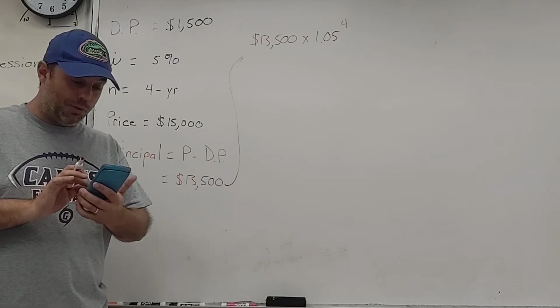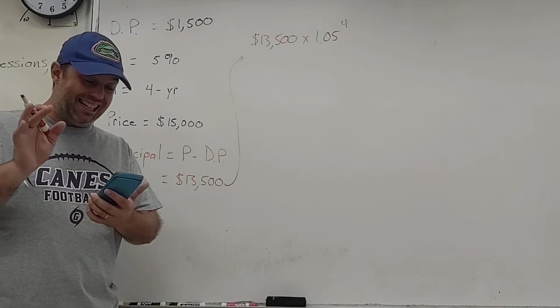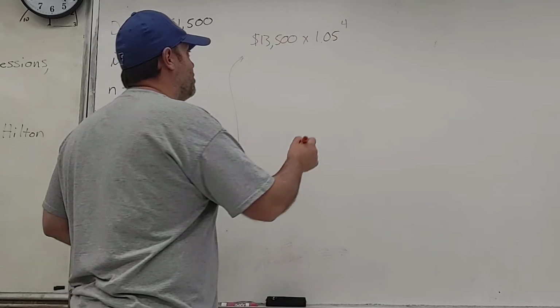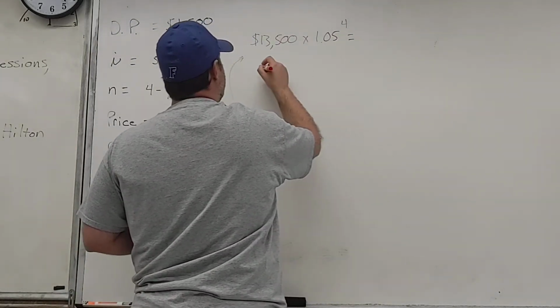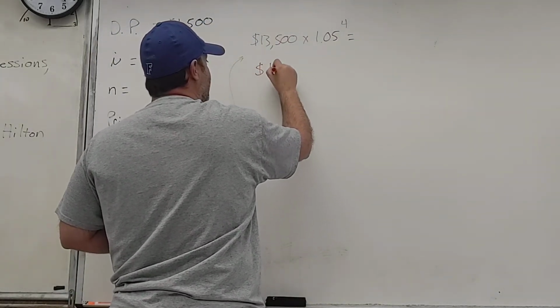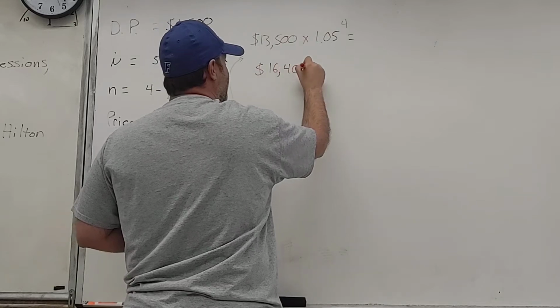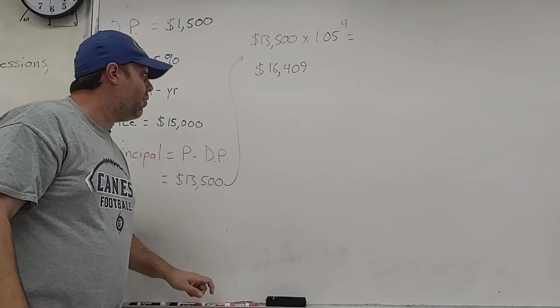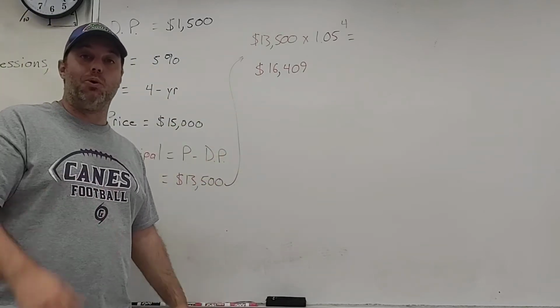Okay, I came up with 16,409. I don't know if you guys get that as well. Hopefully we're all on the same page here, but I got, with rounding, $16,409, and that's about right. That's about what it should be.